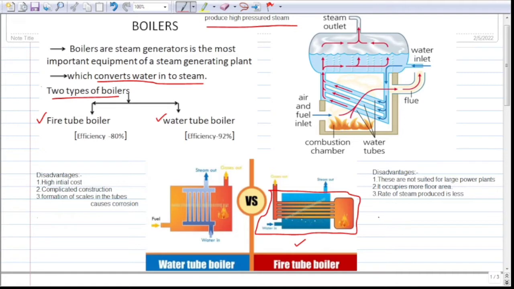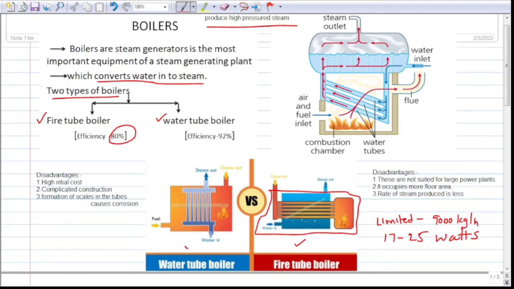The steam produced is limited to 9,000 kg per hour and the pressure range is 17 to 25 bar. The efficiency of these fire tube boilers is 80%.